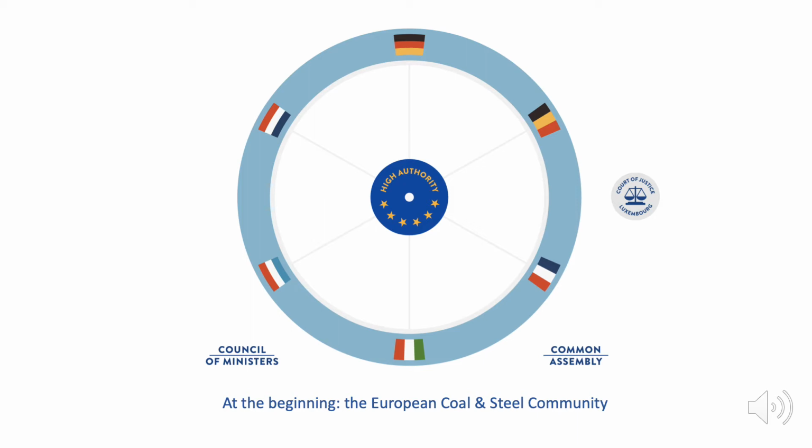A high authority in the centre, just like the European Commission today, looking after the general interest with its supranational community approach. There was a parliamentary assembly, like the European Parliament today, but purely consultative, a council like the current Council of Ministers. But a major point, there was no Council of Heads of Government.